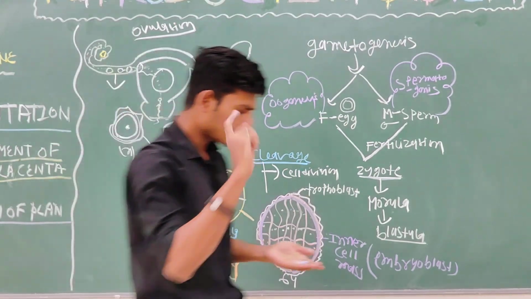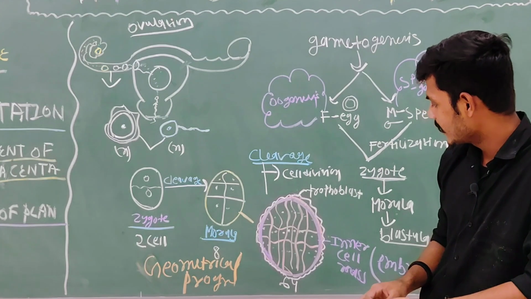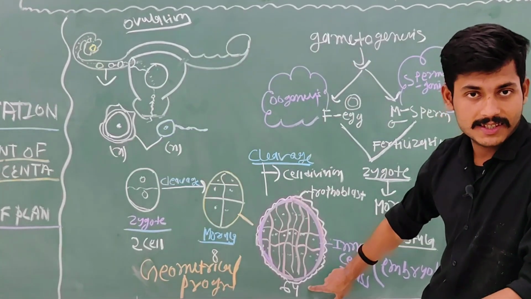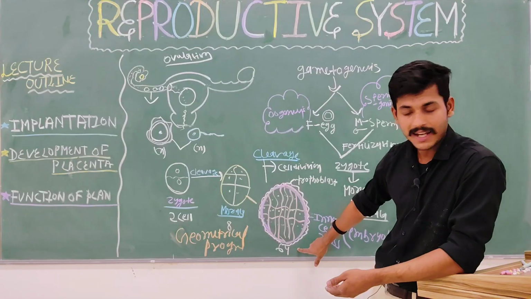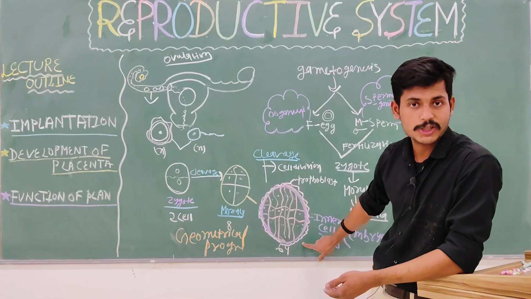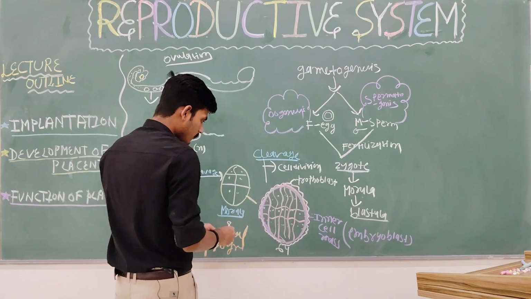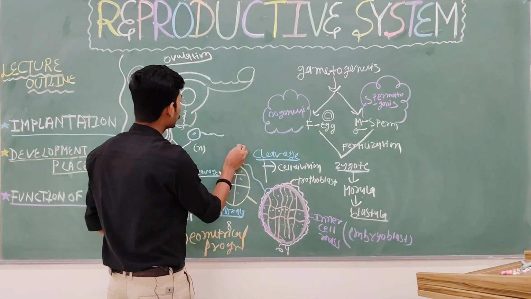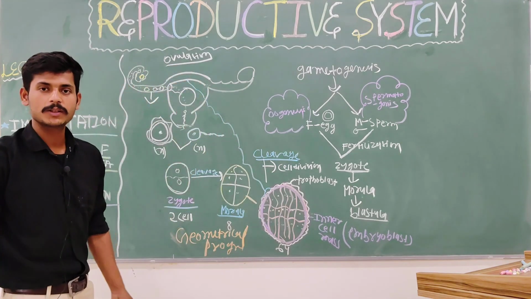Fine. Now, the one thing you have to keep in mind is that the 64-cell stage is called the blastocyst, or you can say the blastula. It is the structure which is going to implant here.